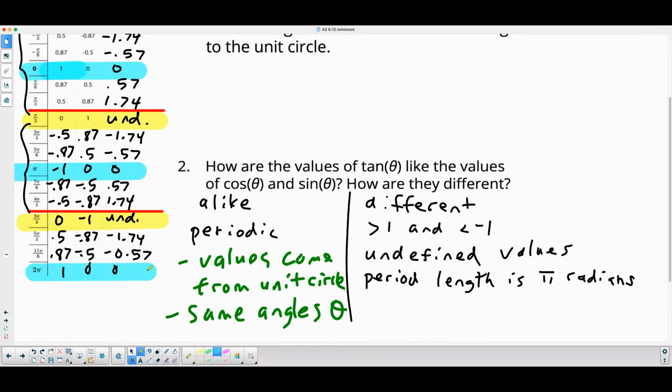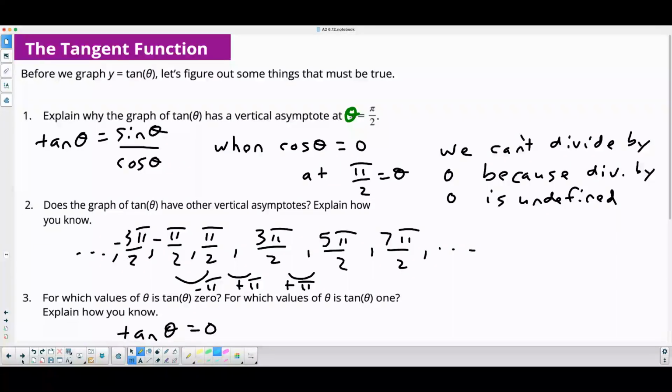It looks like those are spaced pi units apart. So it was 0, pi, 2 pi. Obviously, you're going to keep adding pi, and your graph goes on forever. And then in this direction, we subtract pi.